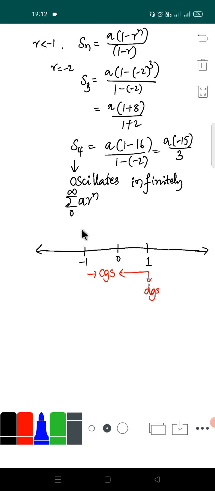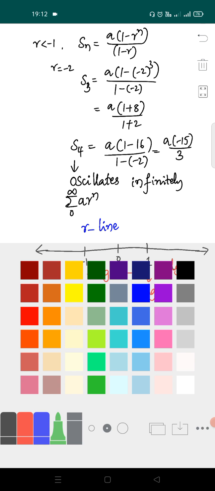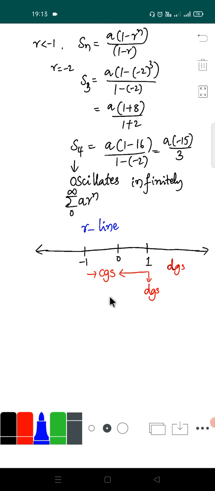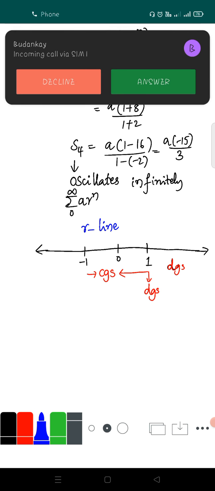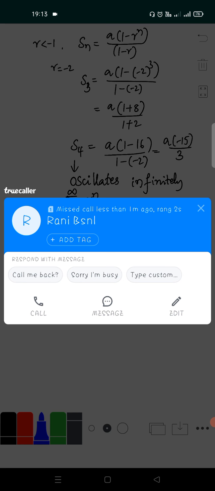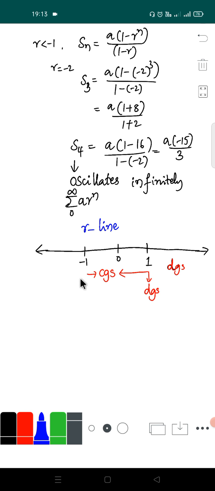We can say that this is the r line. If r is greater than 1, it diverges. If r is -1, it oscillates finitely.